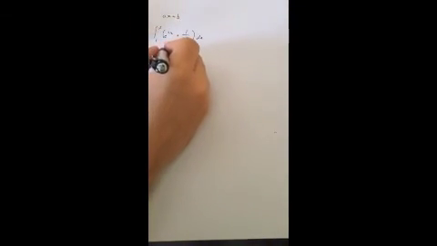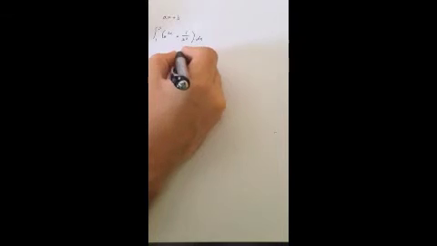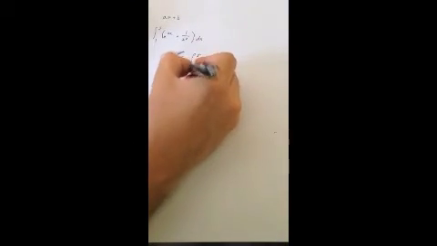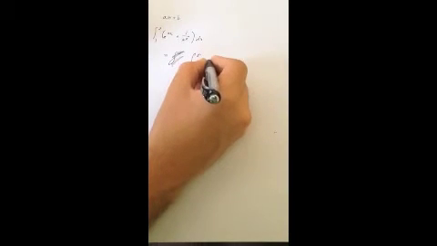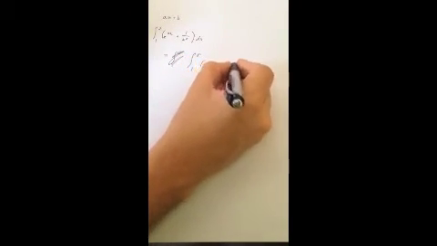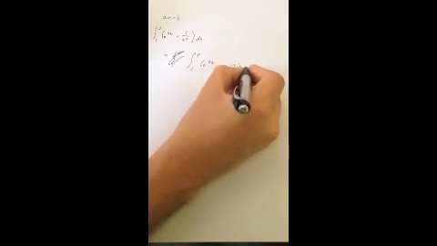Now, let's solve this question. We must first write this in its simplest form. Sorry, the integral from 1 to 5 of e to the power of 2x plus x to the power of minus 2, which is the same as 1 over x squared, with respect to dx.